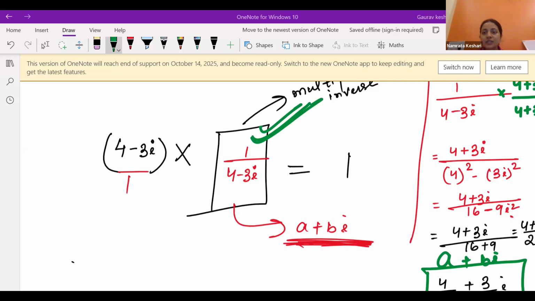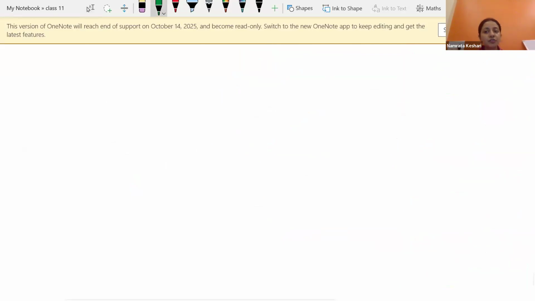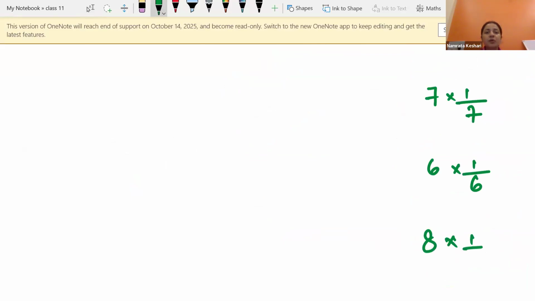I am telling you that the multiplicative inverse of 5 is 1 by 5, right? The multiplicative inverse of 7 is 1 by 7, right? The multiplicative inverse of 6 is 1 by 6, right? The multiplicative inverse of 8 is 1 by 8. Similarly, you have a complex number, 4 minus 3i.